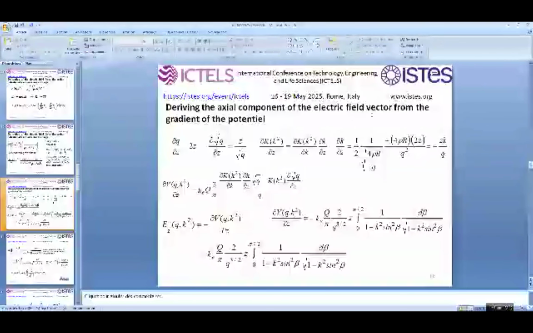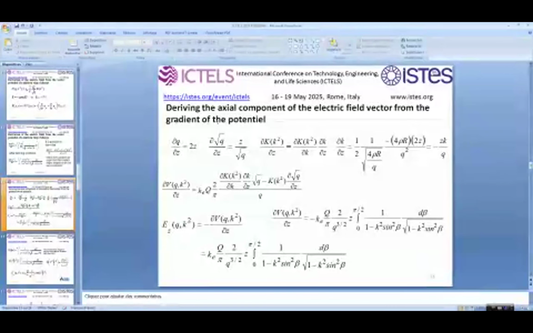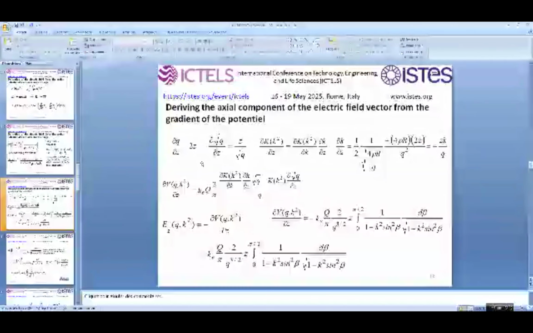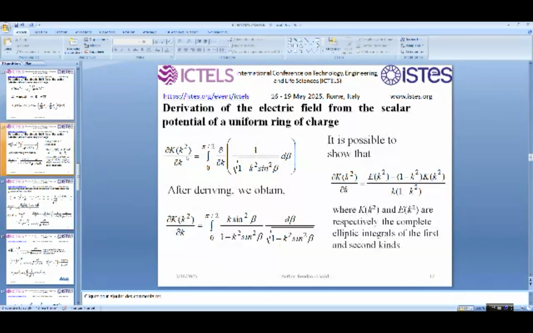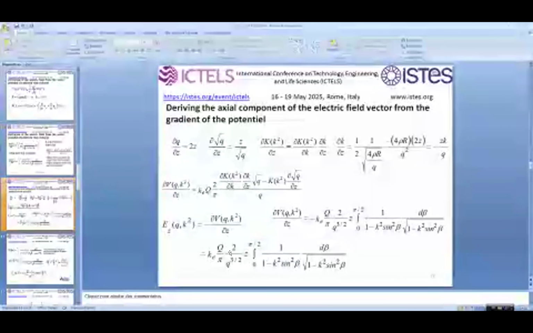Deriving the axial component of the electric field vector from the gradient of the potential, we make this partial derivative, and we put this parameter in the derivation of the potential like this, and we find this function because we replace this derivative of K by its expression.